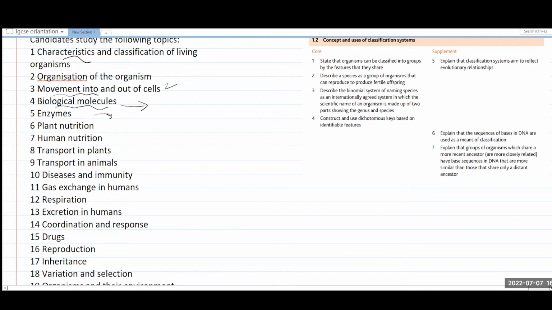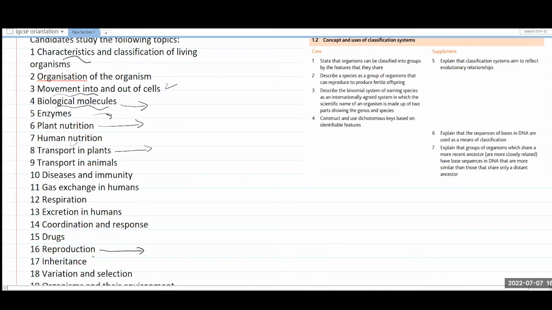For plants we have only 3 chapters in the whole syllabus: plant nutrition, plant transportation, and plant reproduction within the reproduction chapter. Other parts relate to human physiology: nutrition, respiration, gas exchange, excretion, coordination related to the nerve impulse, and reproduction.